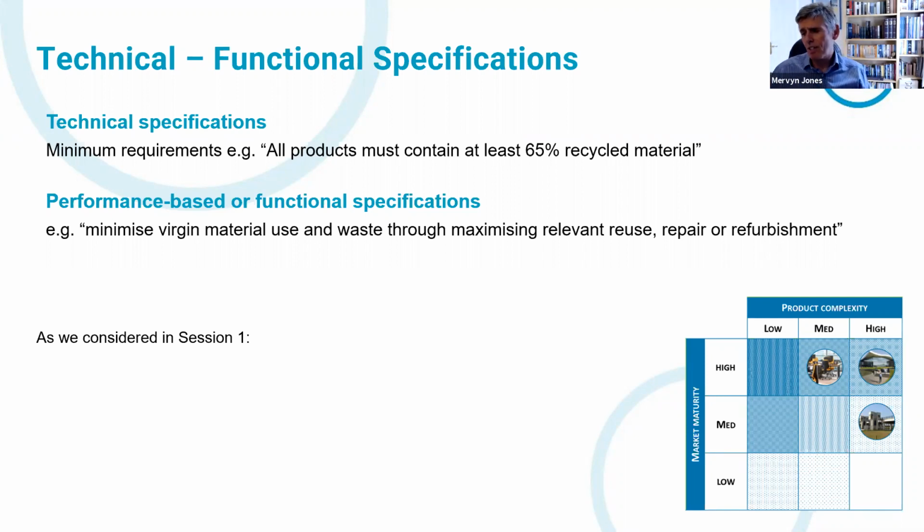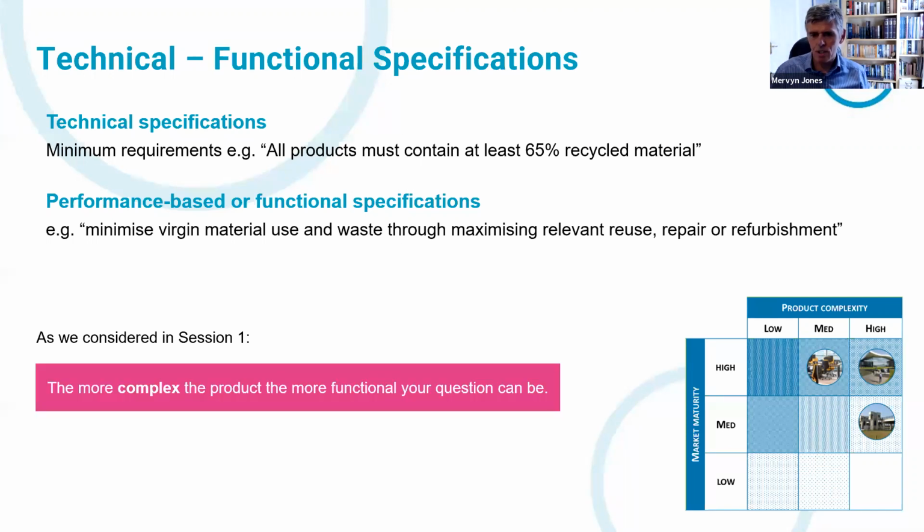So as we considered yesterday in session 1, the diagram on the right hand side of the screen, and apologies, it is a little bit small, is, as we saw yesterday, a function of market maturity and product complexity. And again, it's only a rule of thumb, but the rule of thumb is that the more complex the product, the more functional your question can typically be.